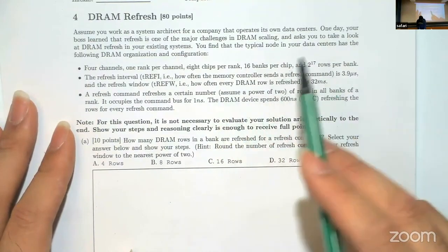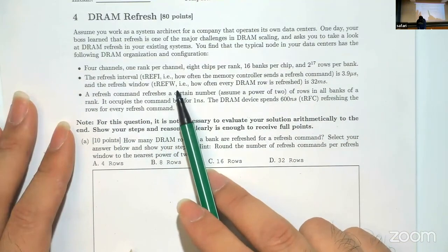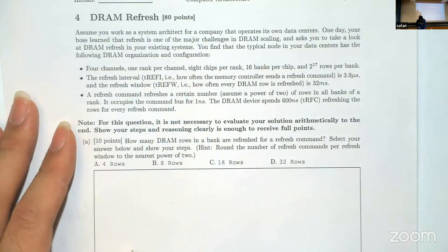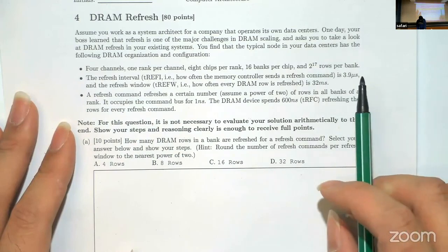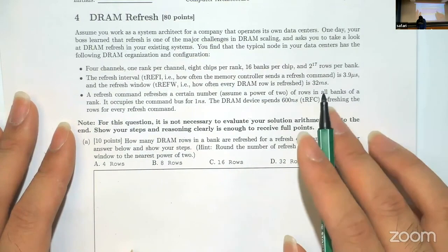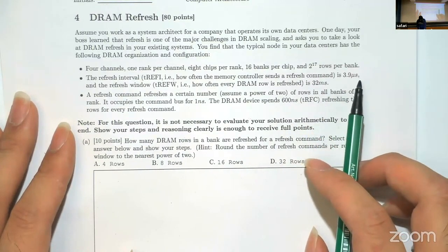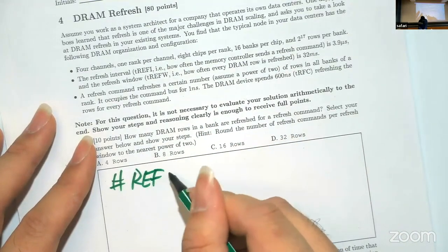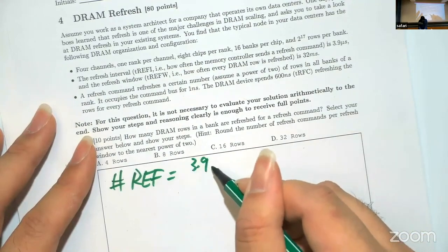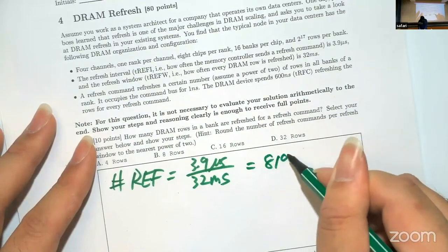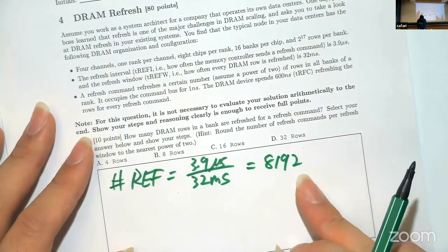Because we know that every row will have to be refreshed every 32 milliseconds, and a refresh command will be sent every 3.9 microseconds, the number of refresh commands is 32 milliseconds over 3.9 microseconds, which is 8K refresh commands.